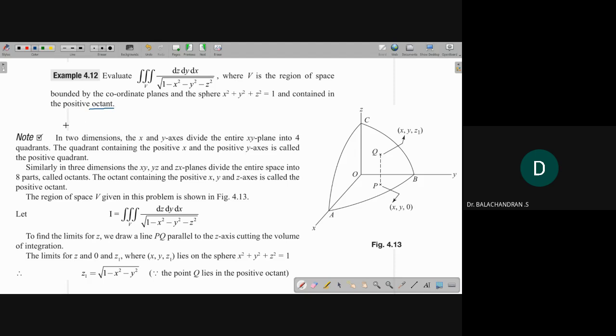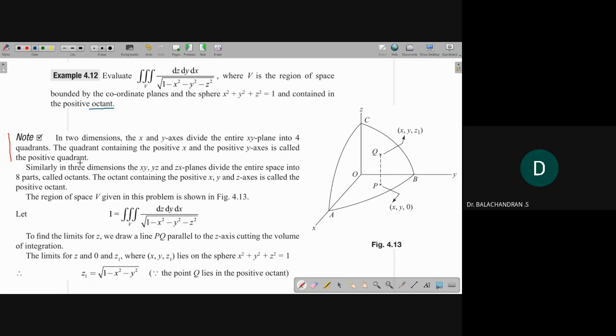So first I will tell what is a positive octant. So in the note it is given. In 2 dimension, the x and y axis divide the whole xy plane into 4 quadrants. That is, the quadrant containing the positive x and the positive y is called the positive quadrant.